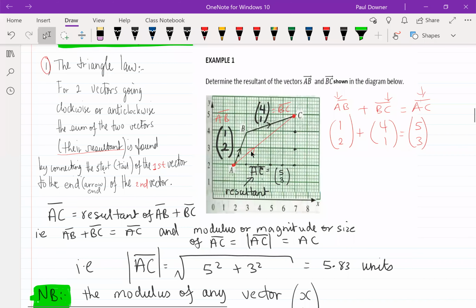So we have to connect these two from here to here. So this direction here would be the direction of the resultant vector, which is A to C, right?